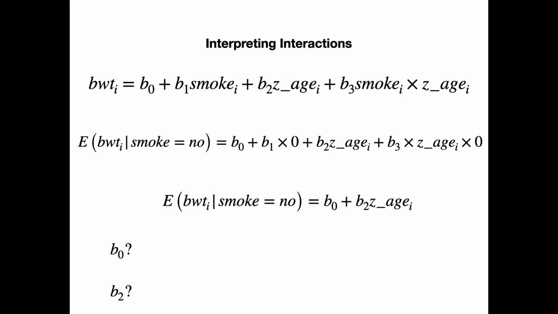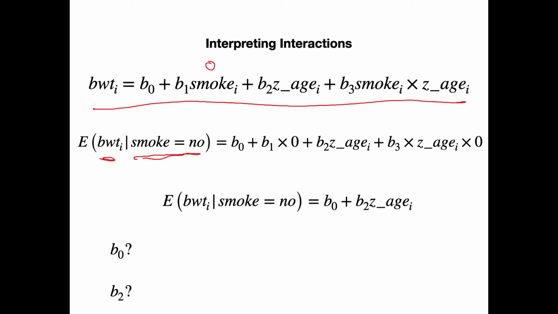All right, so the first one we're going to look at: we're going to take this full model and ask, what's the expected birth weight for babies whose mothers did not smoke? If mothers didn't smoke, then this value is 0. We aren't saying a specific age, so that's just going to stay zAge.